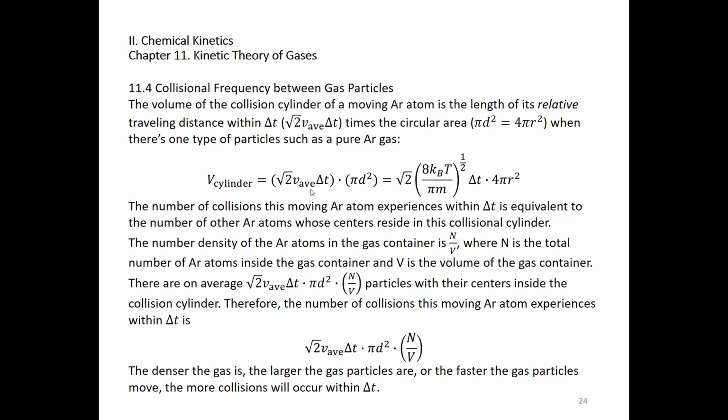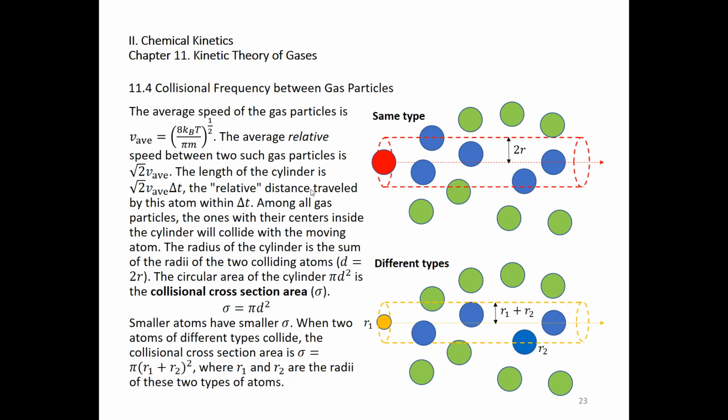It's going to be a million per cubic meter times 10 to the power of negative 3 cubic meters, and that's 1,000.